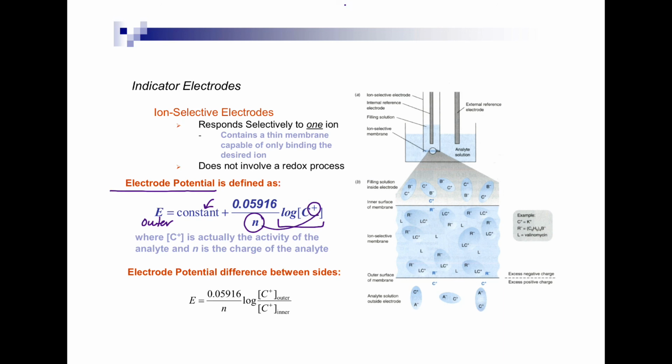If we want to know the electrode potential difference between the sides, we would have to know the difference in concentration between them, and we could calculate the potential, or if we measured the potential and we knew the inner, we could find the outer concentration, and that's really the way that these ion selective electrodes are used.